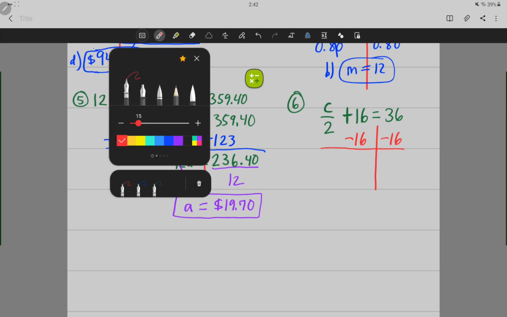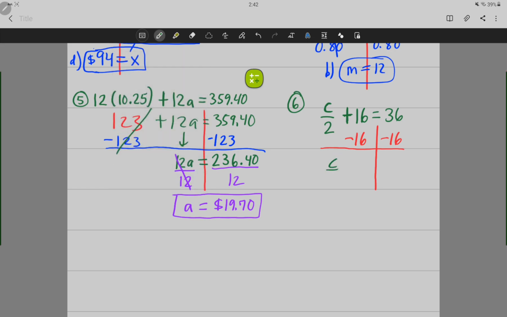So bring down our C over 2, C divided by 2. 16 minus itself is 0, so just cancel that. Bring down our equal sign. 36 minus 16 is 20. And here you should remember from the other practice activities that we worked on with fractions, a fraction is division.